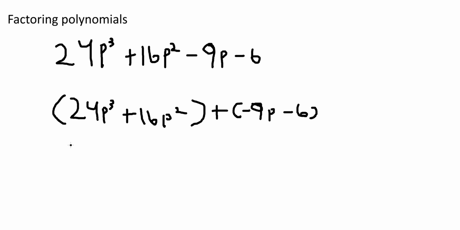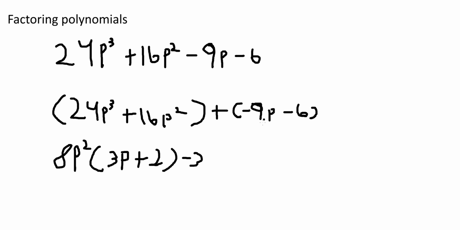So in fact we can take out 8p squared, so it's 8p squared, parentheses, 3p plus 2, minus 3, because remember we're dividing this whole section by 3.